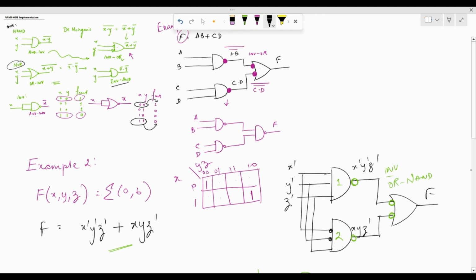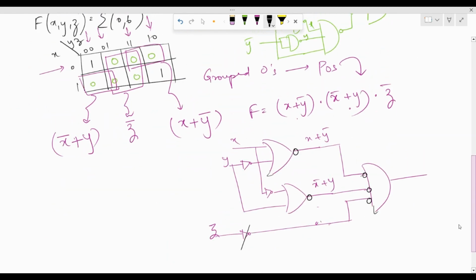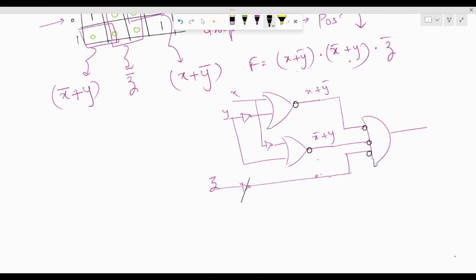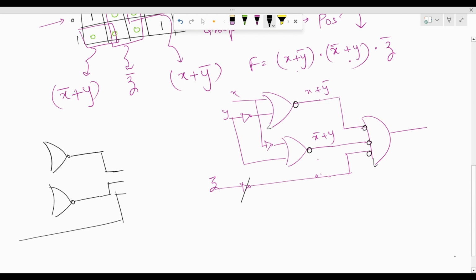So having said that, we can now redraw this circuit. So how do we redraw it? We can obtain it as the first one, the second one, and combined with the third input using a third NOR gate over here. The input to this is X. Now for Y, I need Y bar at the input of this.